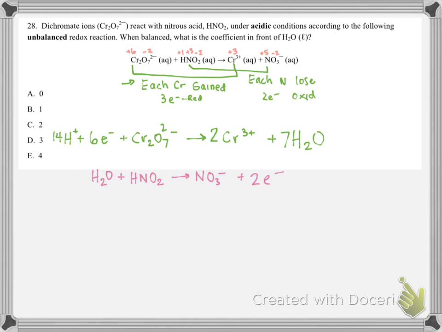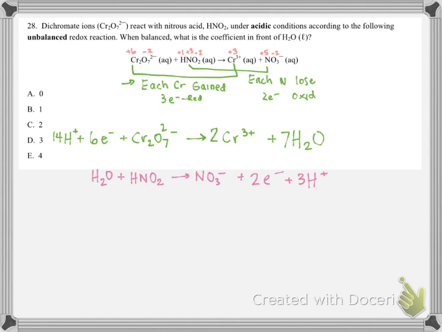And now, of course, I have 3 hydrogens on the right and 0 on the left, so I'll add 3 protons here. And I can see that I'm neutral on the left and I'm -1, +1 on the right, so I'm neutral. So the charges are the same for both of those.